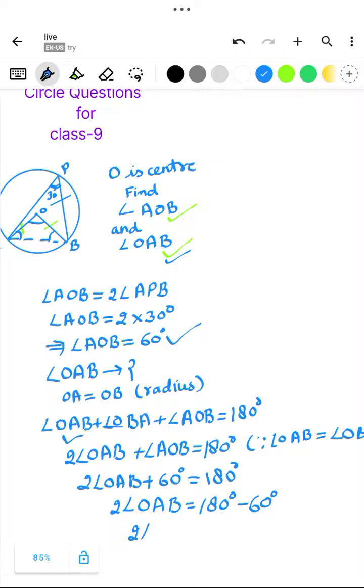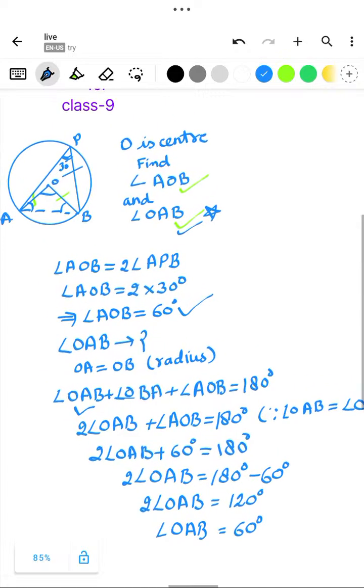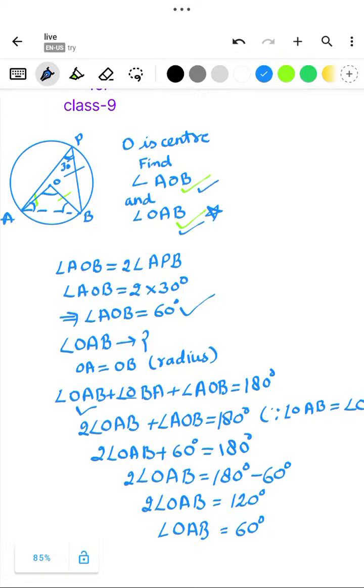That is twice of angle OAB is equal to 120 degree, and this on solving will give angle OAB is equal to 60 degree. So this is the answer for the second part of the question. So two angles were asked, angle AOB which we have calculated 60 degree, and angle OAB which we have calculated also 60 degree.